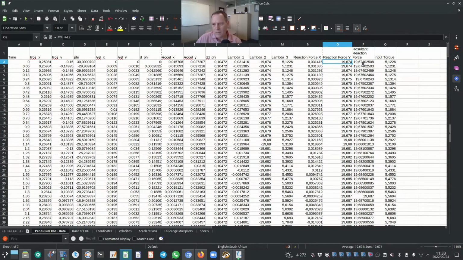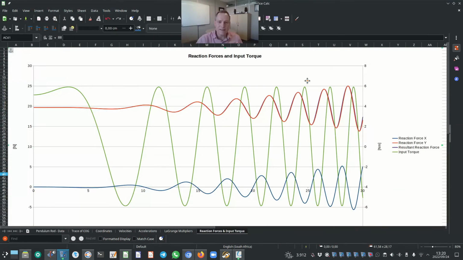Okay, and we can then obviously also calculate the resultant reaction force by taking the square root of the sum of squares of the two components. And what I've done here is plot the reaction forces and input torque on a single graph. The reaction force in the x direction, Fx, is plotted in blue against the primary y-axis, and the reaction force Fy is plotted in red, also against the primary y-axis.